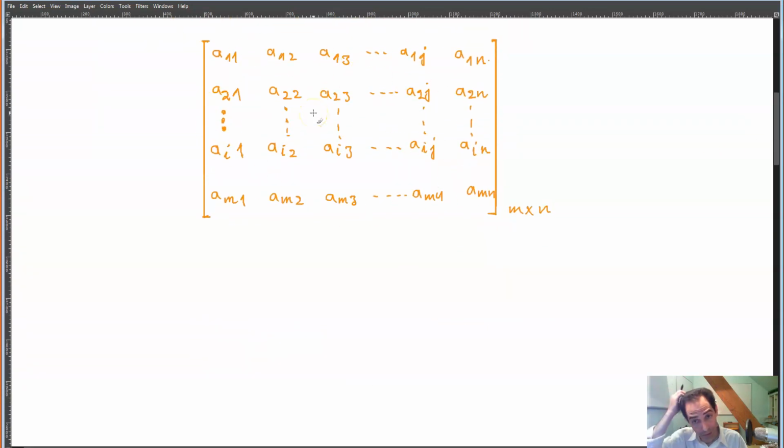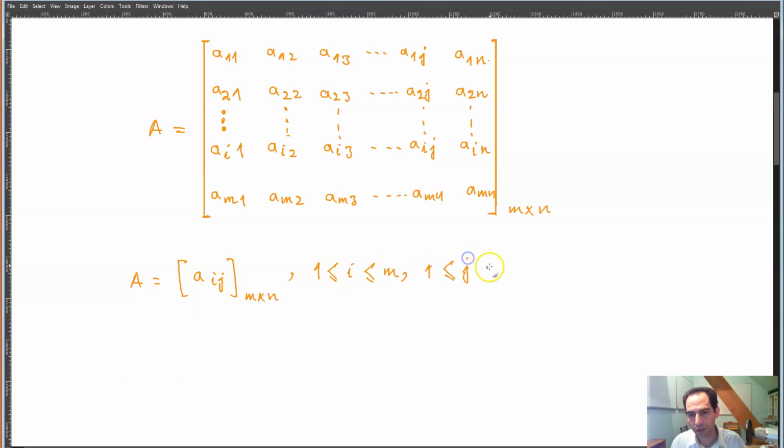Now, instead of writing all of this here, if this is matrix A, for example, you can write A is equal to, this is the matrix notation, A of ij with the order m by n, where 1 is less than or equal to i, less than or equal to m, and 1 is less than or equal to j, less than or equal to n, because m is the maximum number of rows that you have and n is the maximum number of columns that you have.